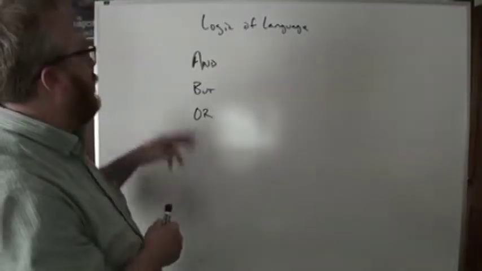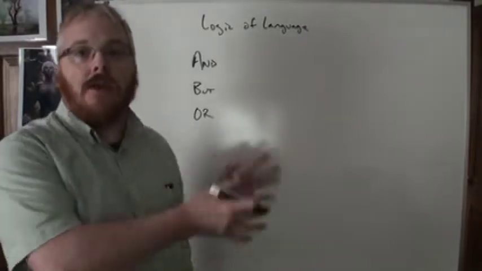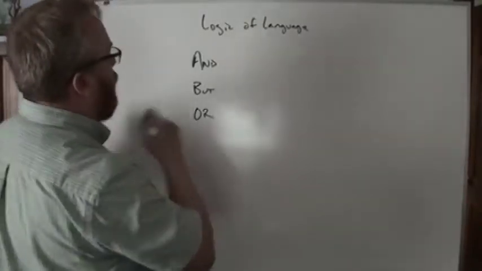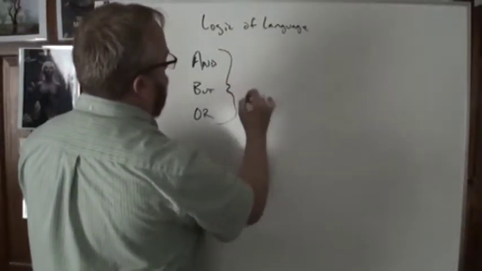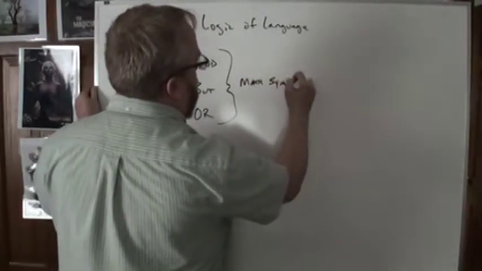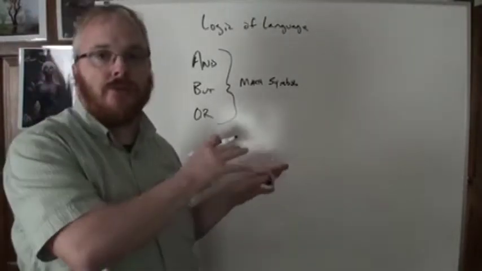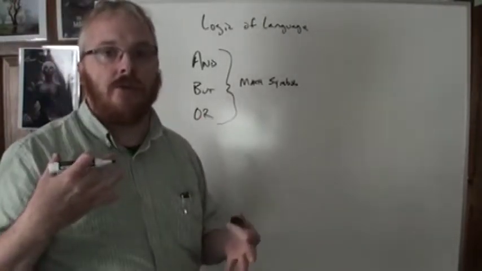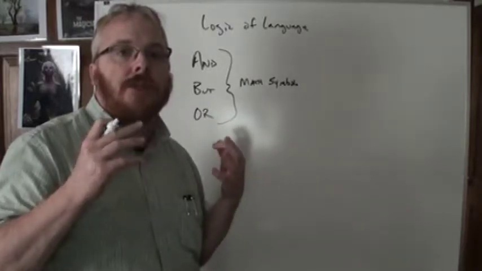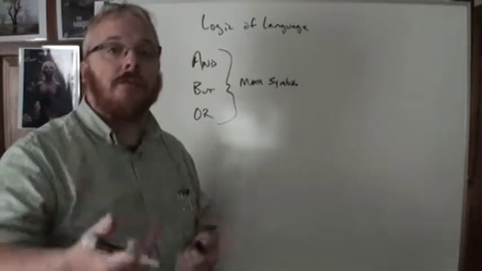I've got up on the board here "logic of language" and then "and," "but," "or." Believe it or not, we can compare these to math symbols. I don't know if comparing to math symbols is going to help you understand their use, but their use is specific to various types of logical notation or math symbols.